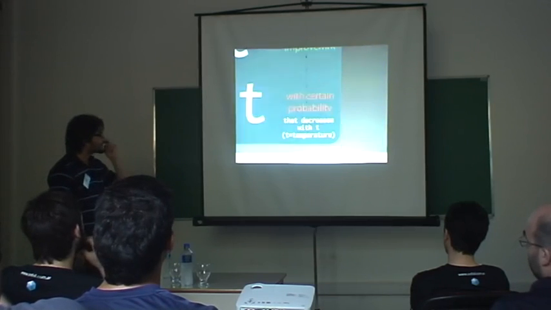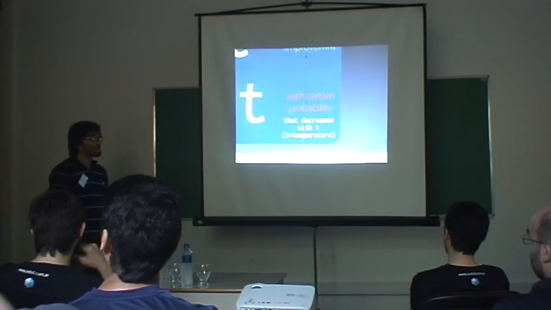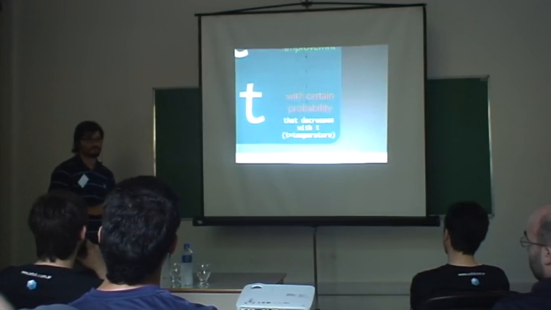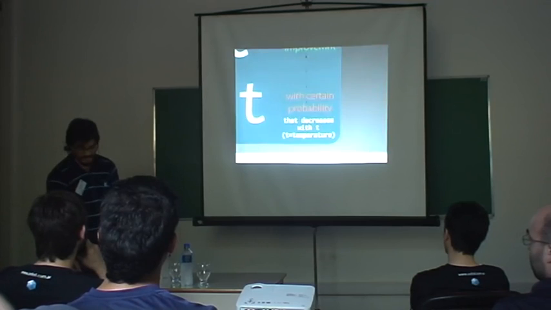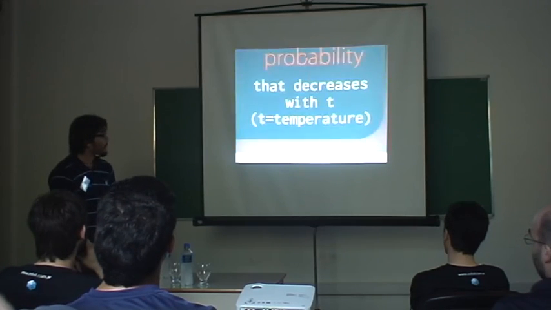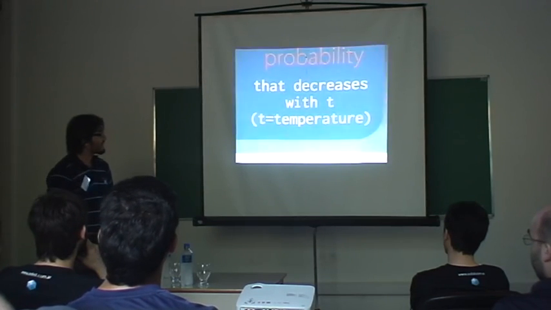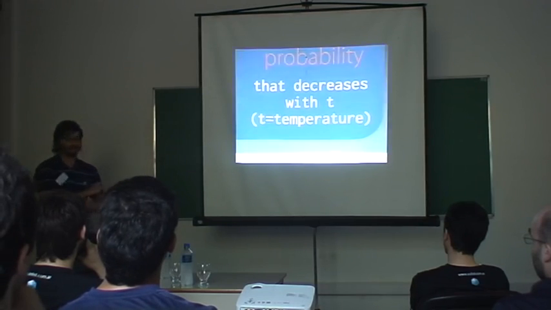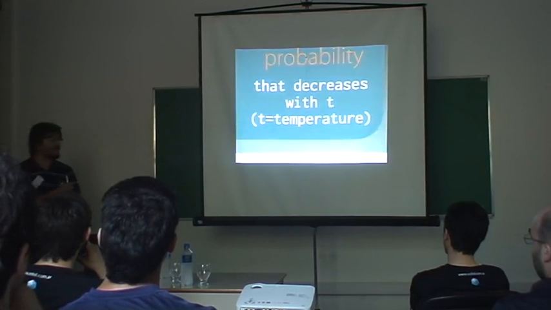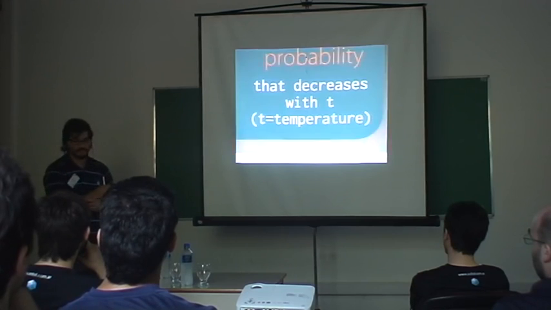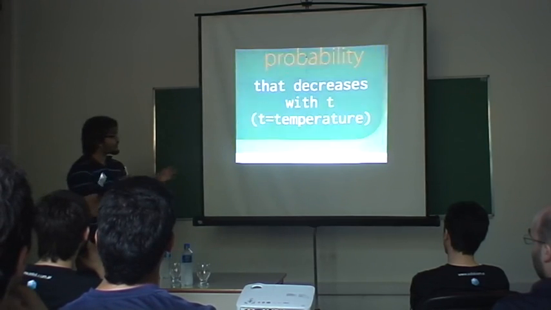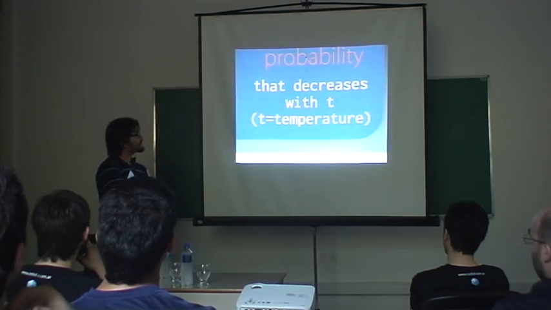But the thing is that we can accept bad solutions. We say that we accept a bad solution or reject it with some probability depending on the parameter named temperature.